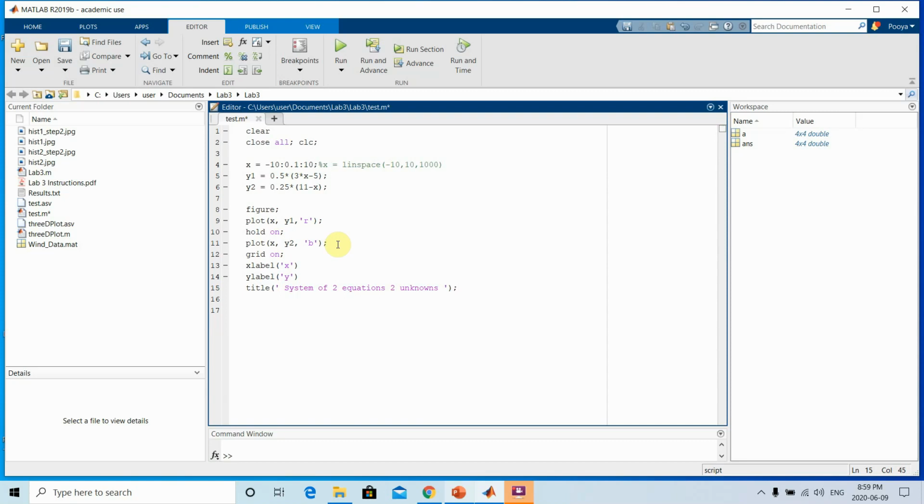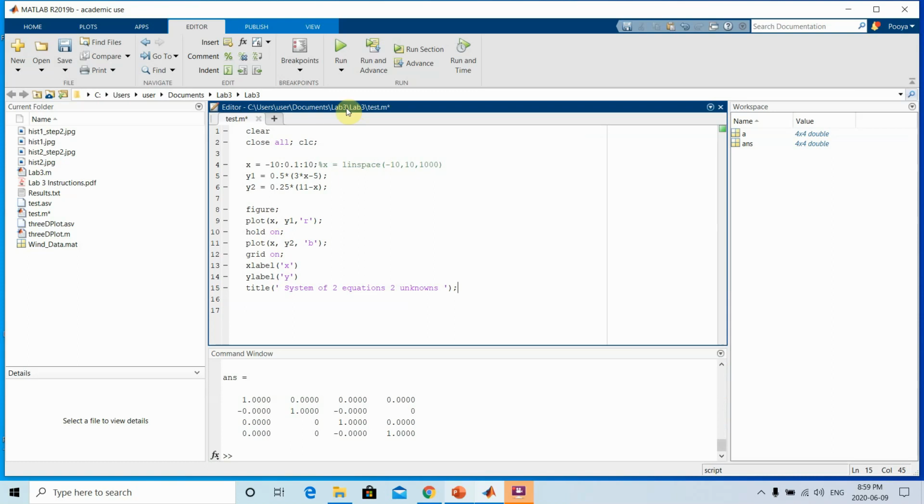Okay, so let's run this, see if this works. I have many things running on my laptop, so that's why it's very slow, but it is running. So let's see how that works.